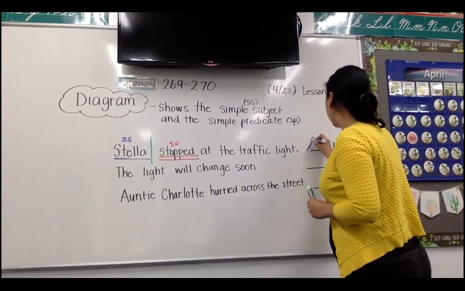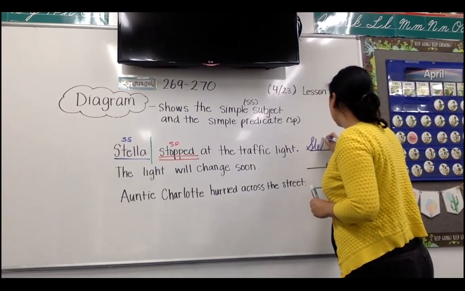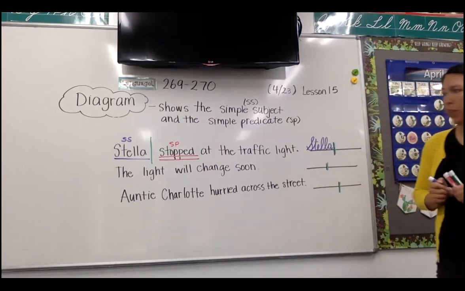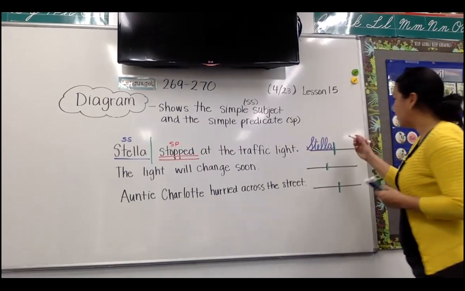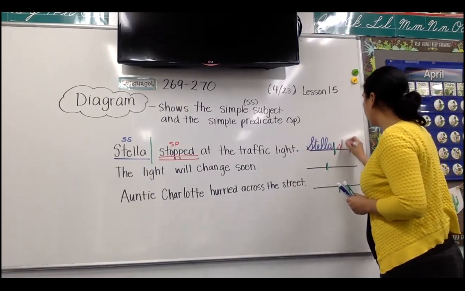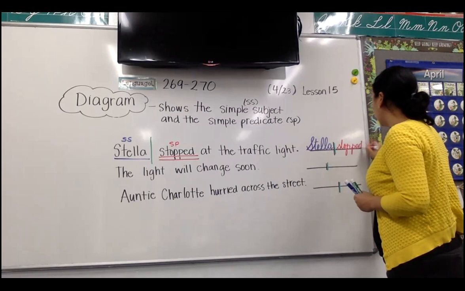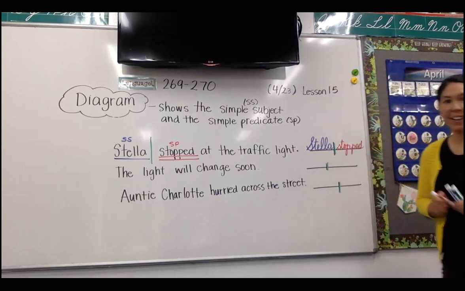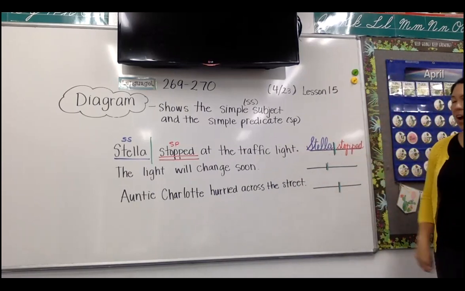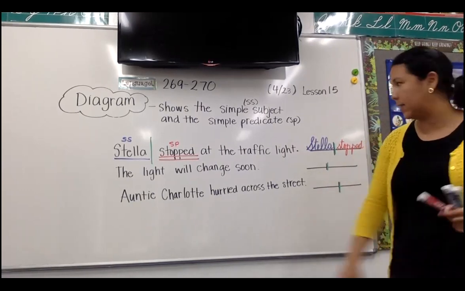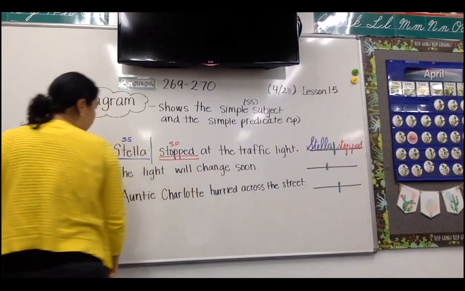So Stella is my simple subject, and stopped is my simple predicate. So Stella stopped. That's like the skeleton, the meat and bones of our sentence. Okay, let's look at the next one.